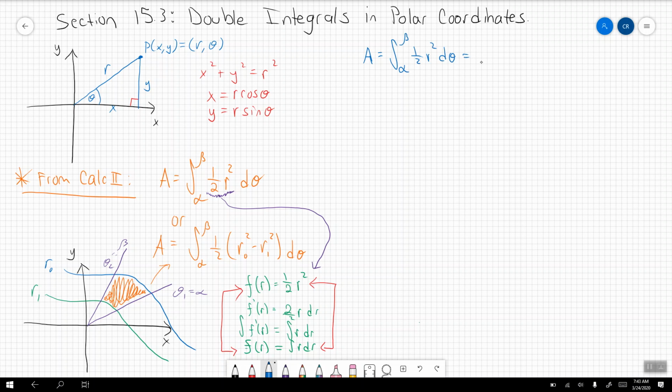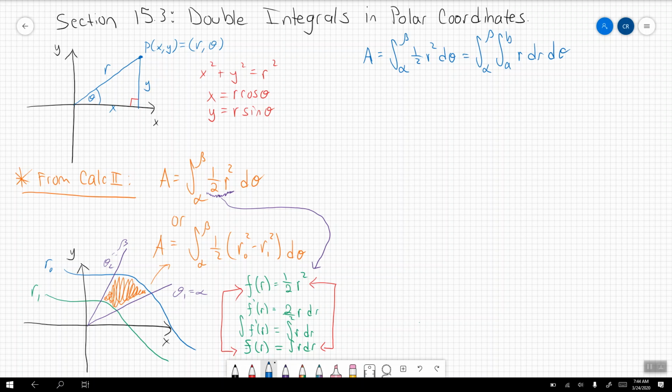But if we express it using our newfound integral, this is going to be the integral from alpha to beta, then the most innermost integral is going to be the integral from a to b, and this is going to be r dr d theta.